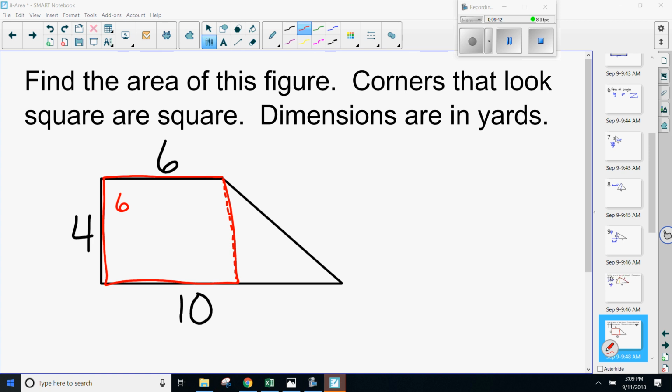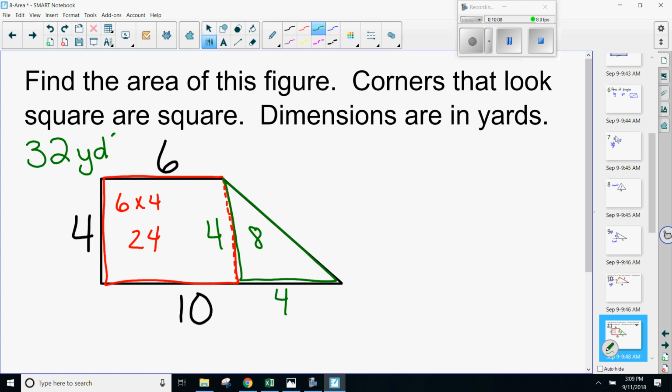So you would take 6 times 4 to give you 24. Then you're going to have this triangle, but within your triangle, what you need to find is, what's the height? 4. And this piece right here would be 4. So you would have 16 divided by 2, which is 8. So the total area would be 32 square yards.